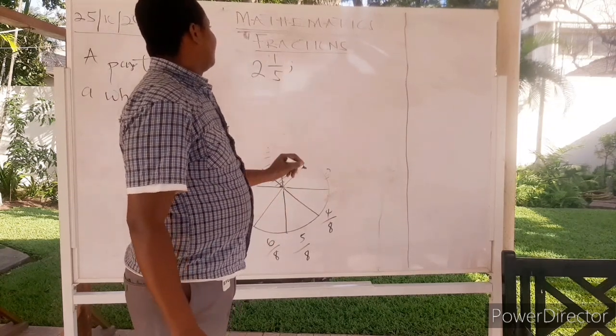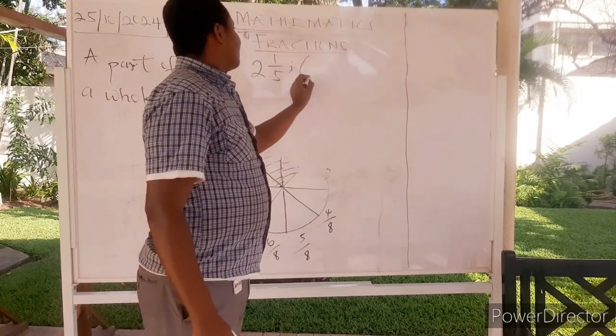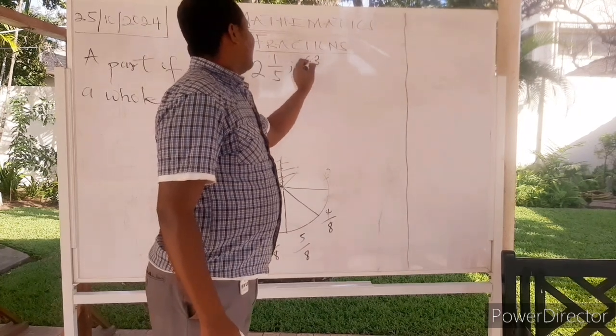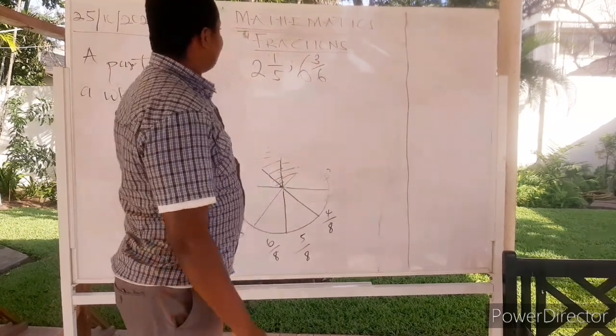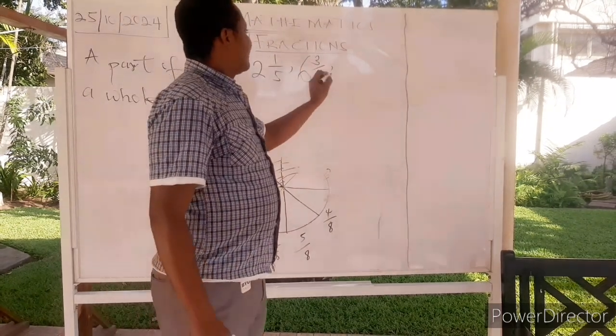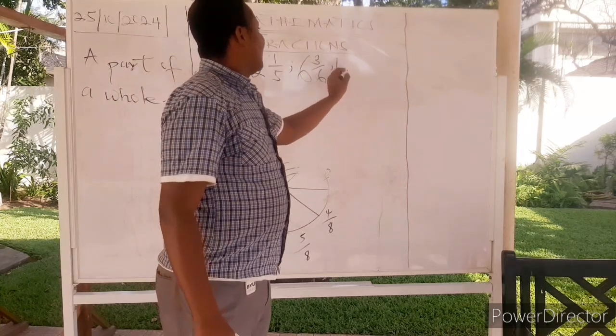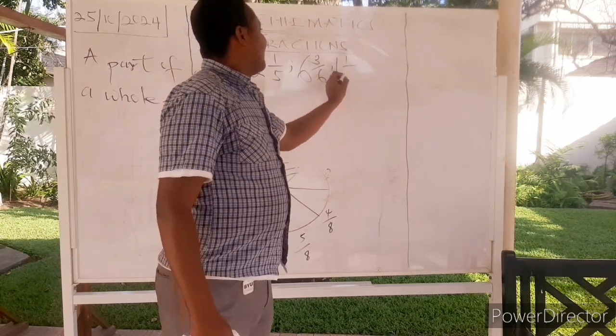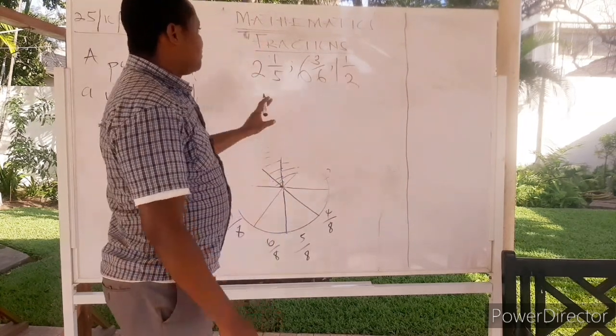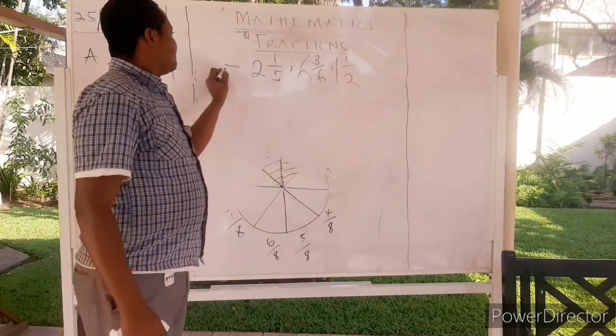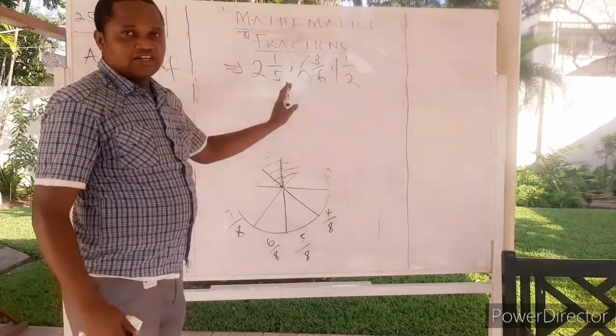That's one example. 6 whole number, 3 over 6. That's another one. Then the third example, 1 whole number, 1 over 2. So these are examples of mixed fractions.